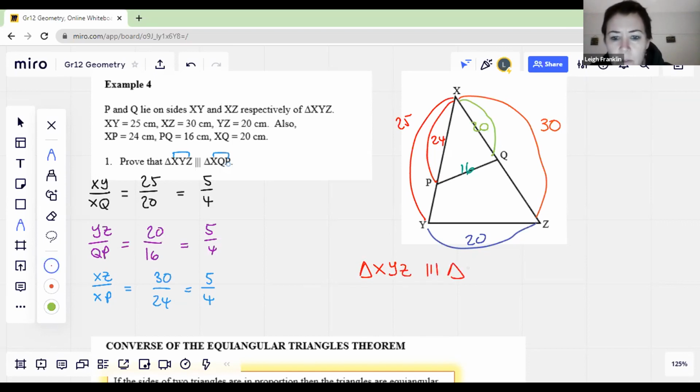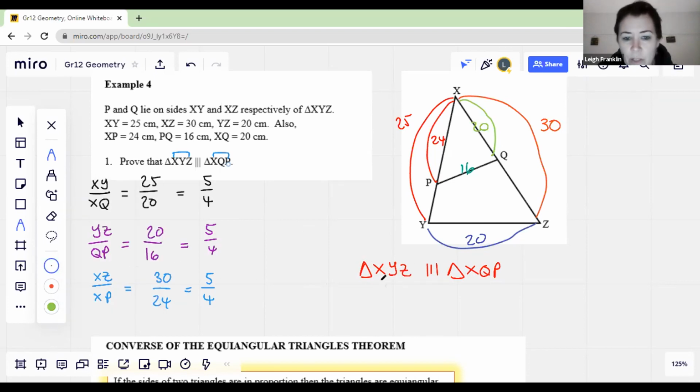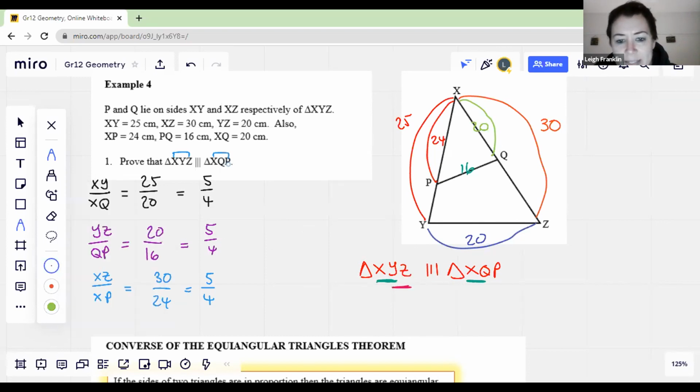Similar to triangle XQP. Okay, so Nani and everybody else, they are telling you that XY corresponds with XQ. See there? Okay, first 2 and first 2. They are telling you that YZ and XP correspond with one another.